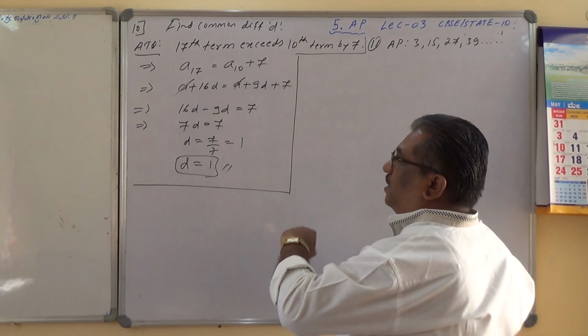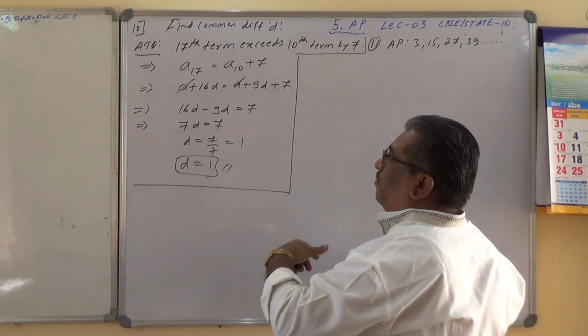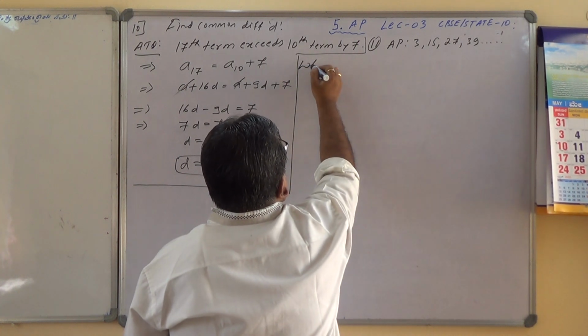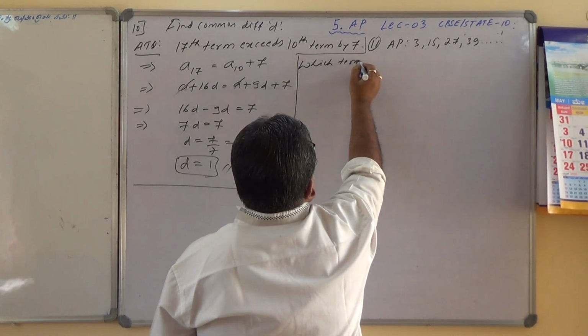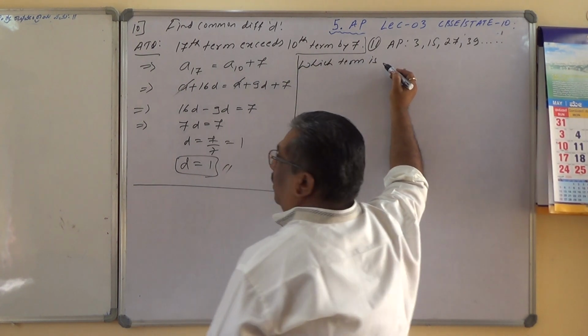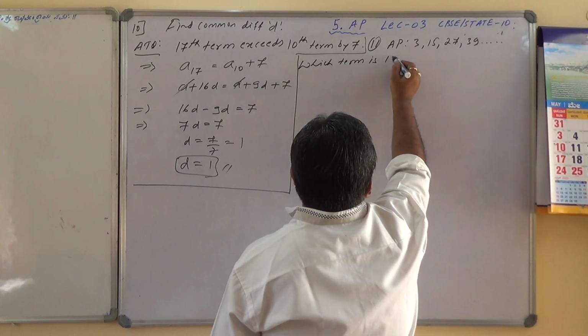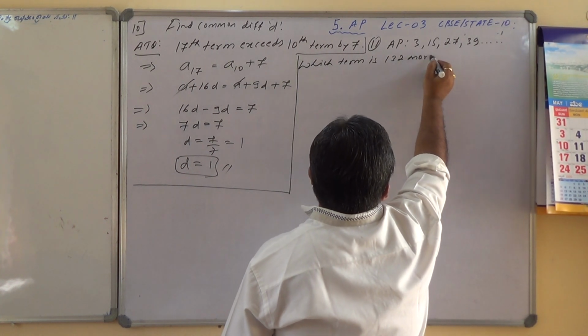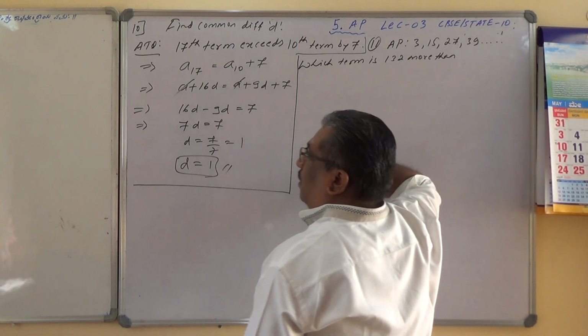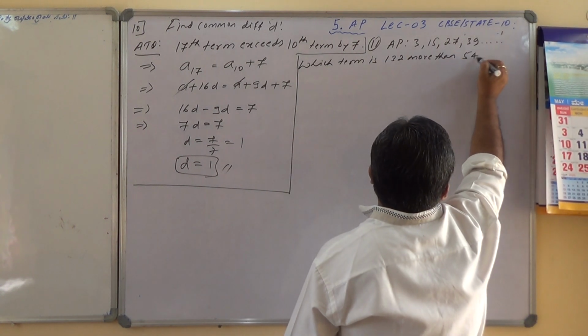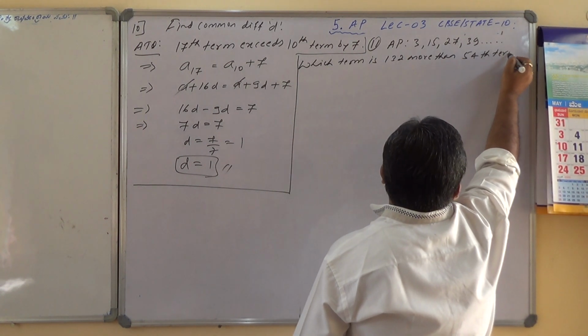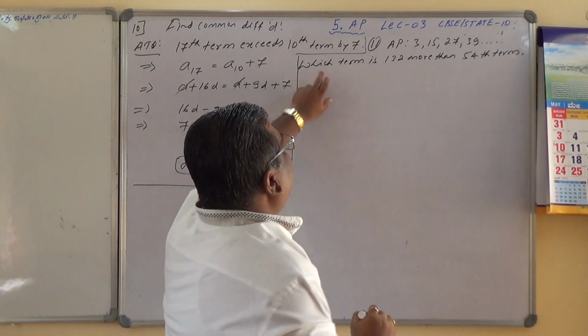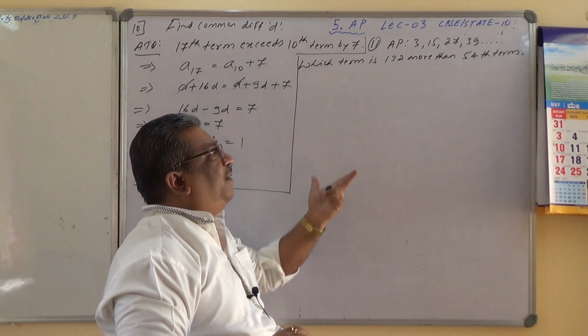Which term of this AP will be 132 more than 54th term? Which term is 132 more than 54th term?